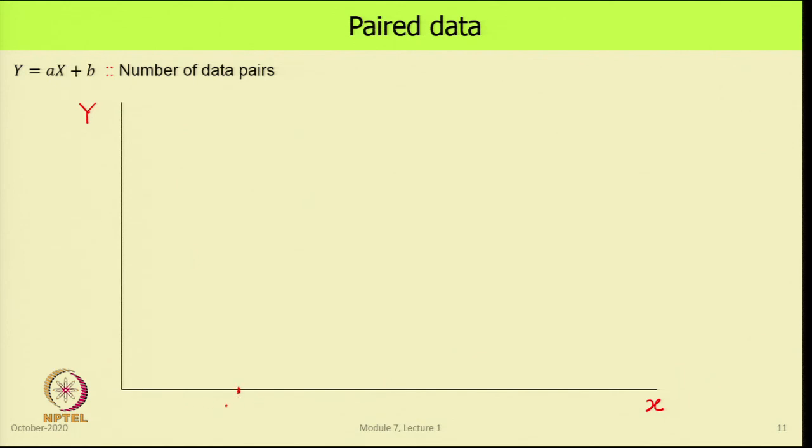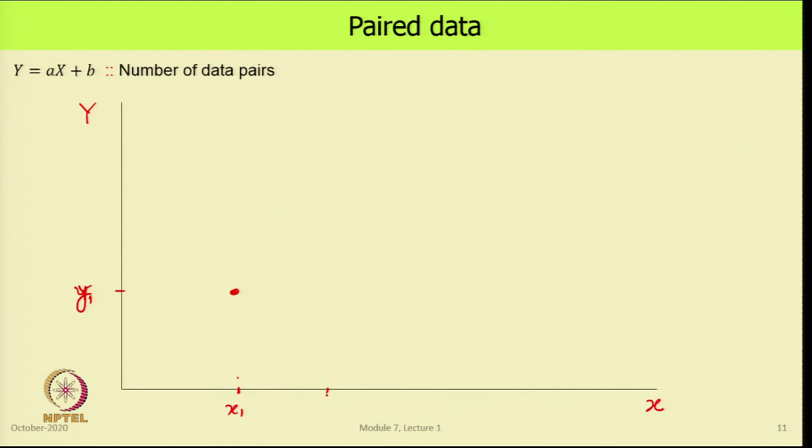So, for x, say we got value x1 here and we got this data point here, y1. So, we got these two numbers x1 and y1 from the experiment, the mean values, and we have just plotted it on this chart.